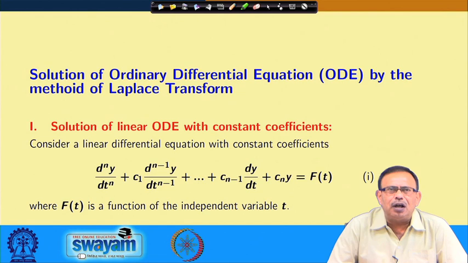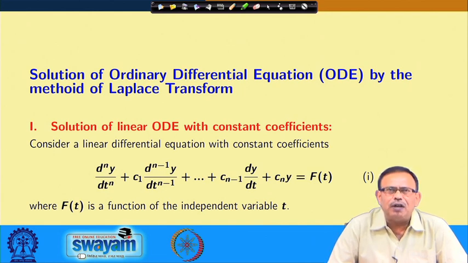So, this is a linear ordinary differential equation of the form d^n y/dt^n plus C1 d^(n-1)y/dt^(n-1), like this way, plus C(n-1) dy/dt plus Cn y equals f(t). Whenever you try to find the solution in the normal classical approach, we use the CF and the PI.